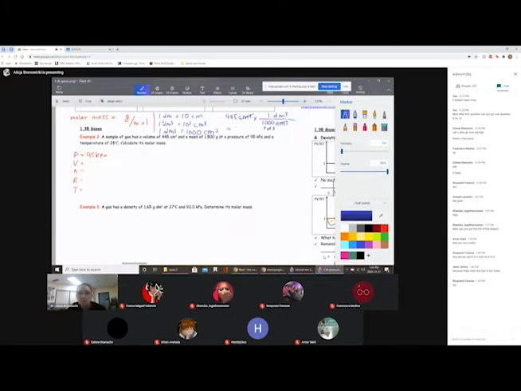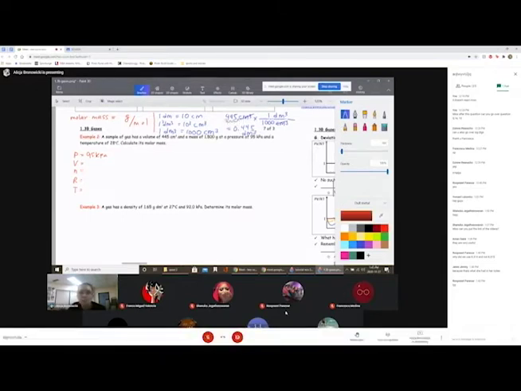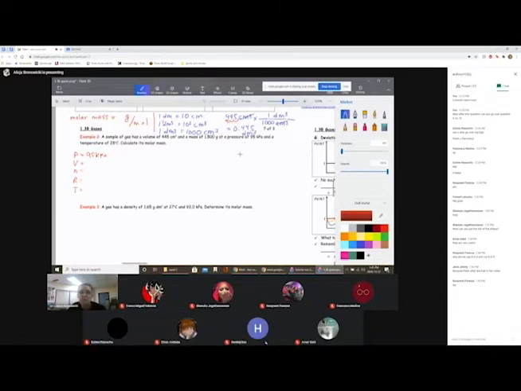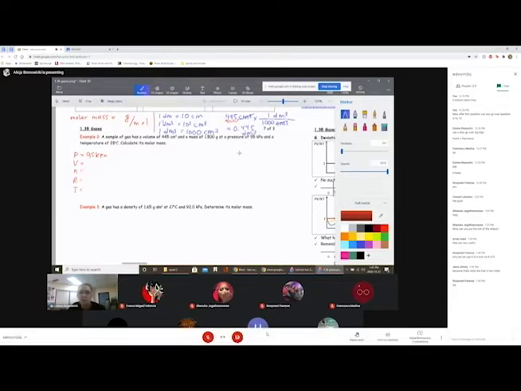So 445 divided by 1000 is 0.445 DM3. And your shortcut is taking that decimal and moving it 1, 2, 3 places to the left. Okay, which is what I will be doing from now on.